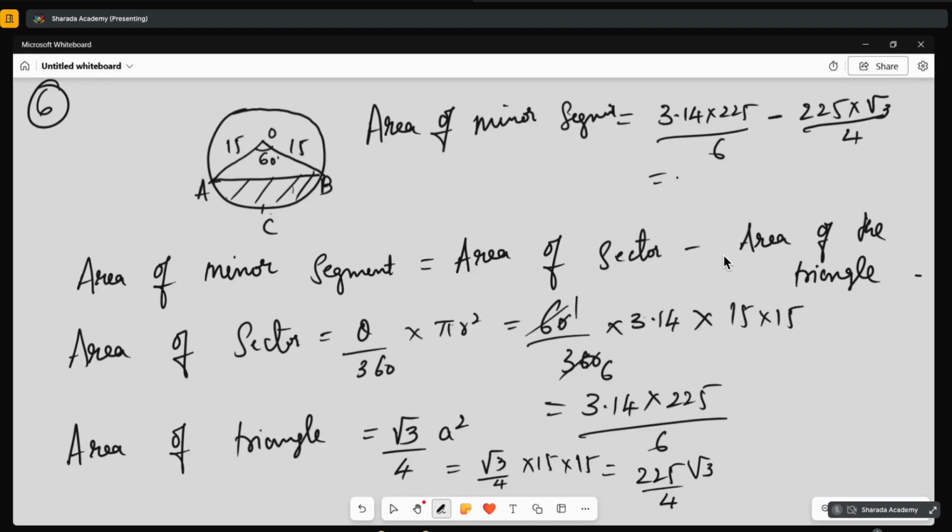Or if I take 225 common, what you will get is 3.14 by 6 minus root 3 by 4. Root 3 is 1.73 by 4. This is almost 1.9 something you should get, I think. 1.4 something you should get here, minus 3 by 4. That's it. Okay.